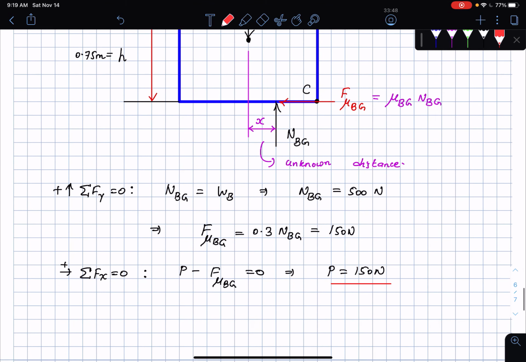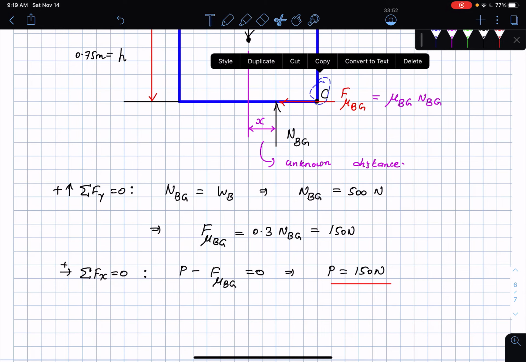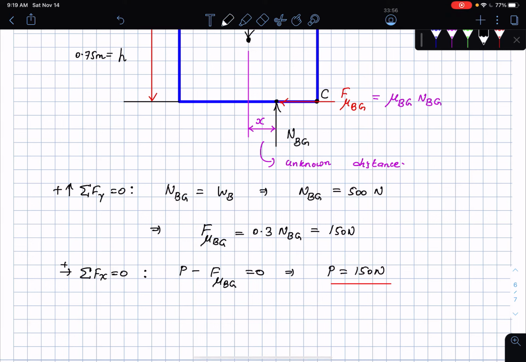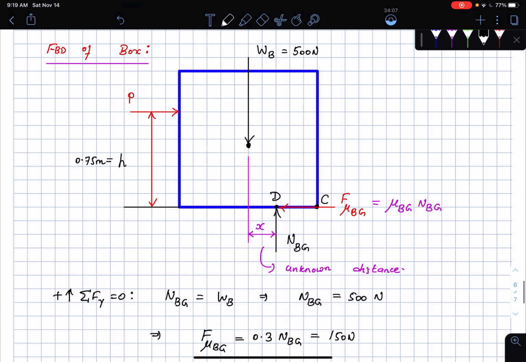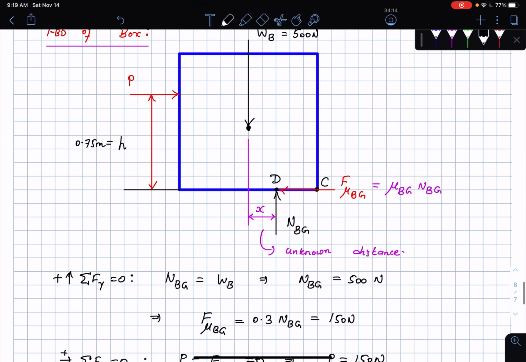It's not necessary to find that distance x, but just in case you want to, here is what you can do. This point I had called point C, so I can call this point D. I can sum moments about point D and set that equal to 0. This is WB times X minus P times H equal to 0. This is no longer H minimum, this is just H, the height that is actually applied.